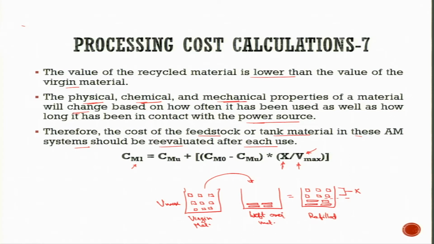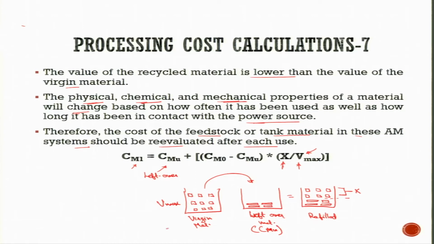Now this relation that is given here gives me the calculation of the cost of the material. First is the cost of the leftover material, which is CMU here, plus the difference between the CM0 and CMU, that is, the cost of the virgin material that is added minus the cost of the material which was left over.